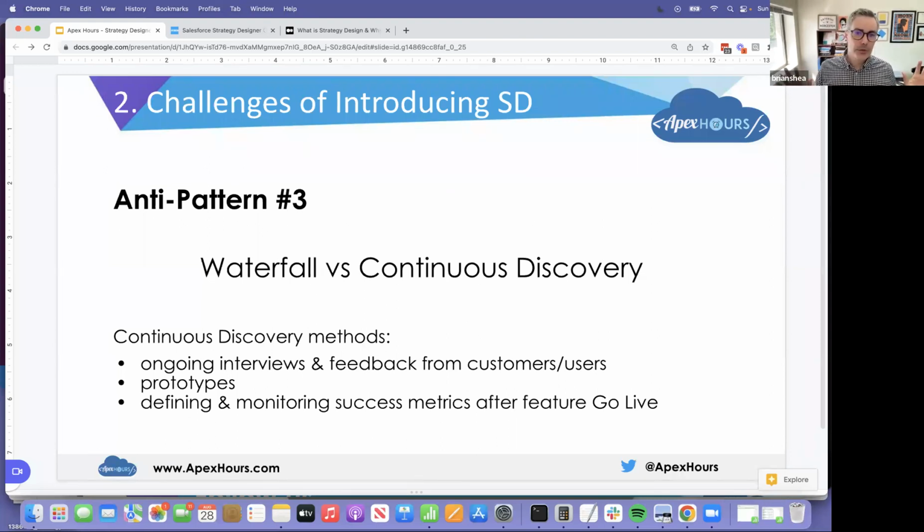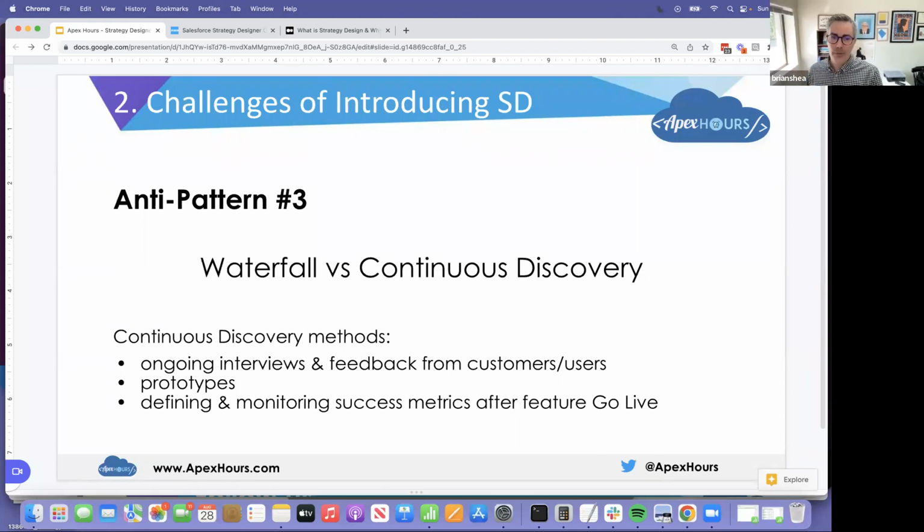A few concepts are doing ongoing interviews and feedback from customers and users, prototypes where you can build something quick and inexpensive and get feedback on what works for folks and what doesn't, and defining and monitoring success metrics after go live.